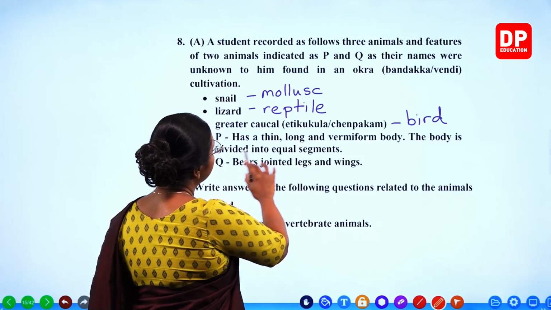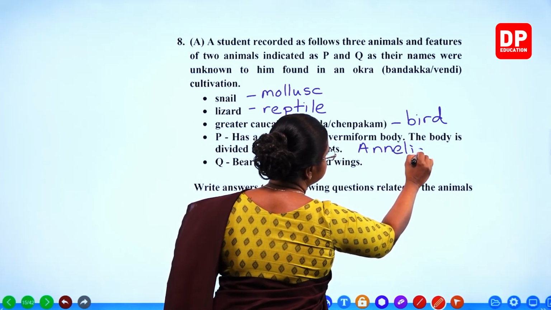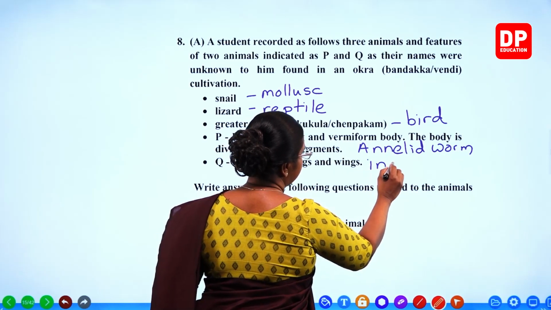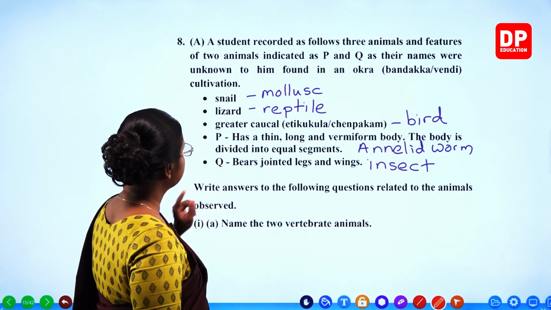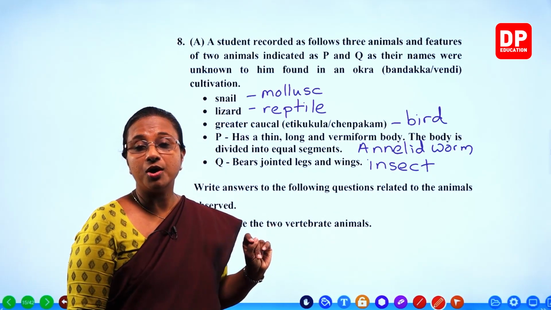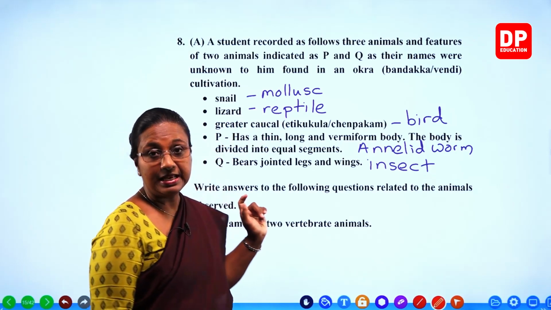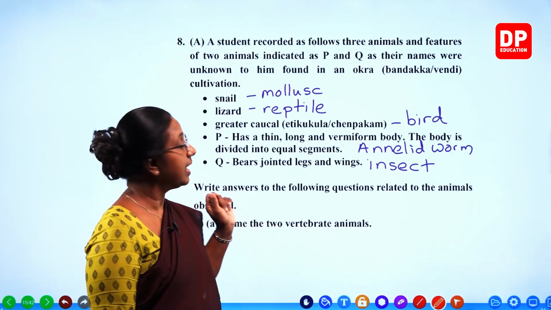Then here we said this one is an annelid worm. And this is an insect which belongs to Arthropoda. So out of all these, now Mollusca, Annelida and Arthropoda, they are all invertebrate groups. Now reptiles or Reptilia as well as Aves, that is birds, come under Aves.